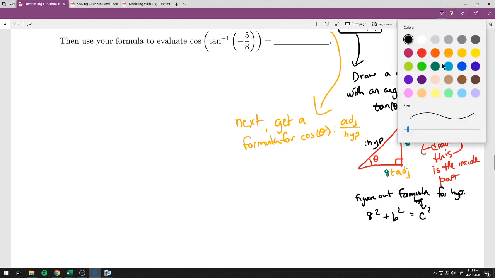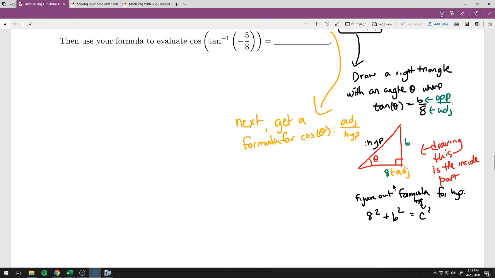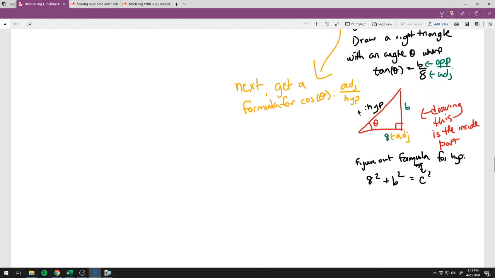Once again, remember that we are solving for c here, what we're calling the hypotenuse. Since it's already c squared, you just square root each side. Be sure that you square root the entire thing here. You cannot break up square roots over plus or minus.